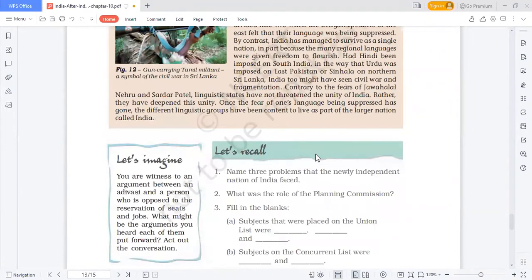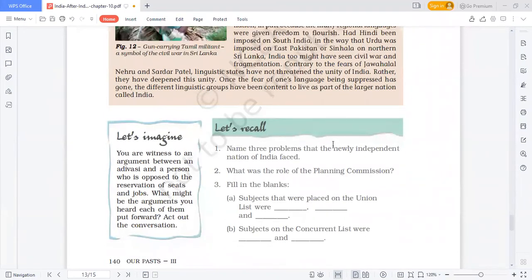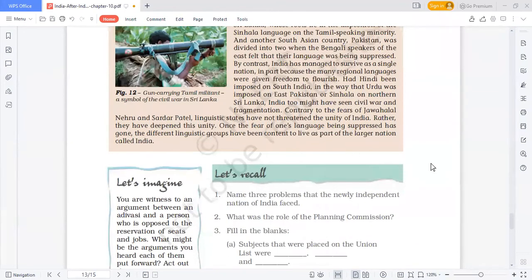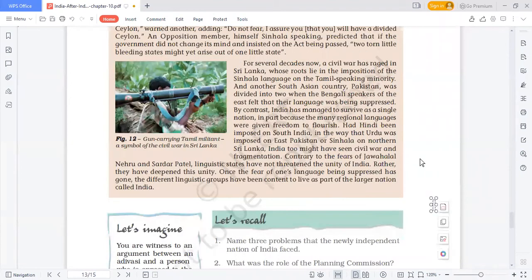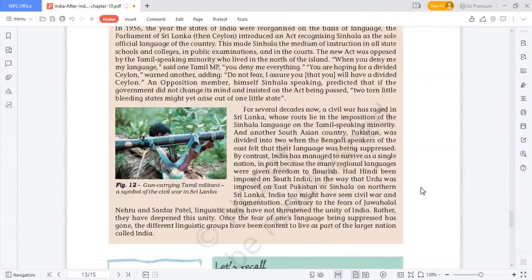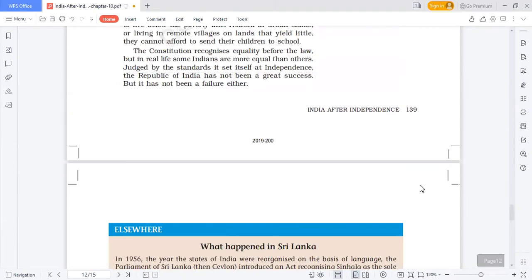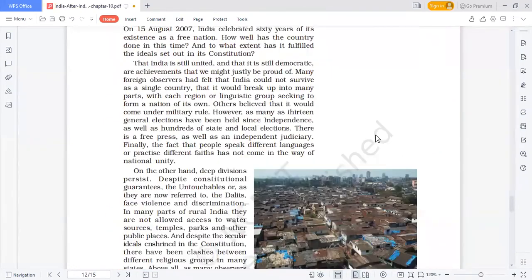Question number 1. Name 3 problems that the newly independent nation of India faced. What were the problems faced by the newly independent India after 1947?